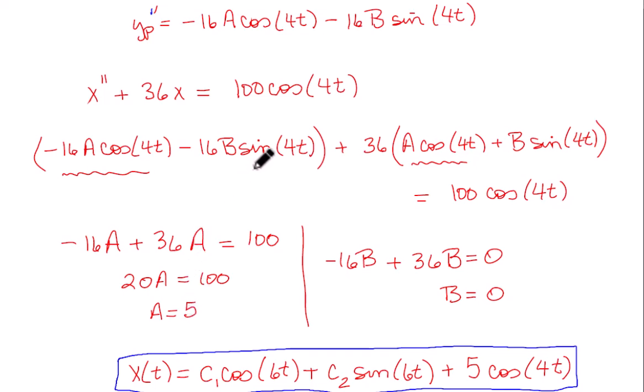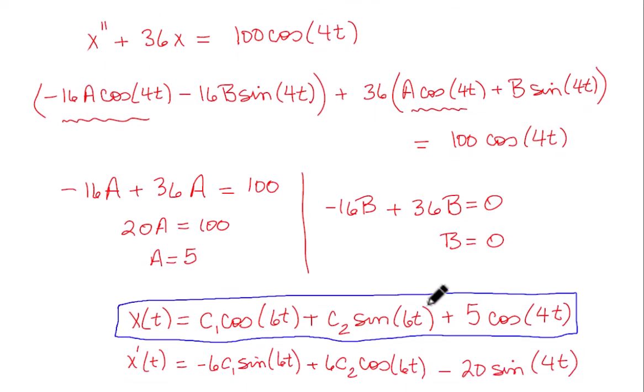If I look at the sine stuff, I've got a minus 16b, a 36b, but there's no sine on the right-hand side, so that's 0. And when you solve for that, you get b is 0. So my full solution looks like the following.